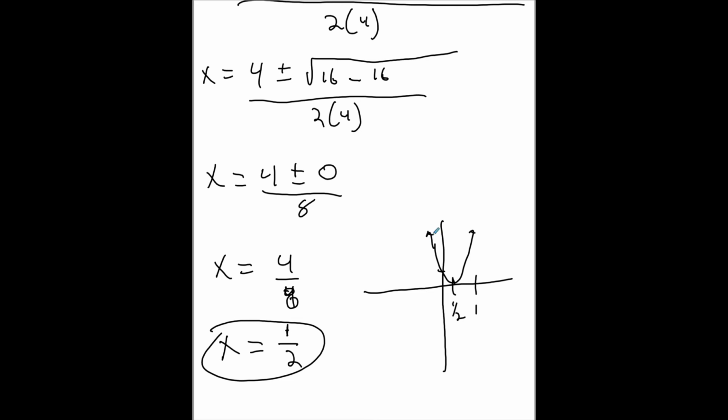And this is a double root because the graph, when it comes down, is going to bounce right off the x-intercept, or the x-axis, and go right back up. Hence why we only have one solution.